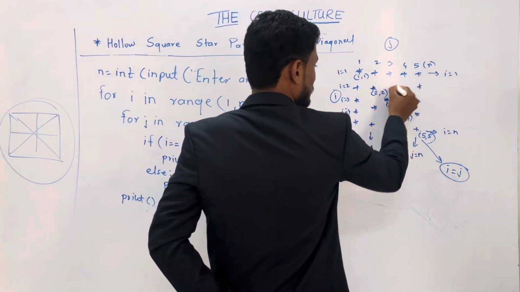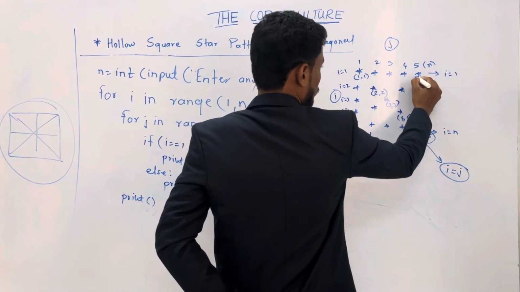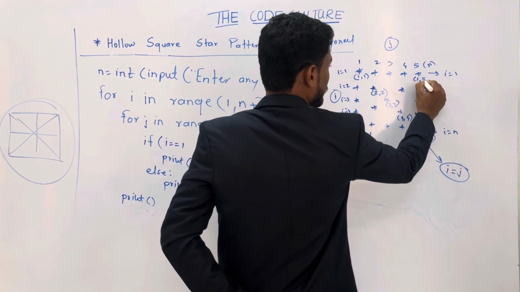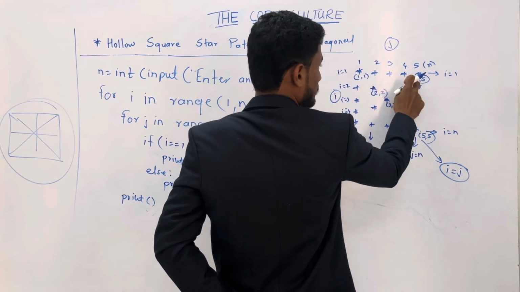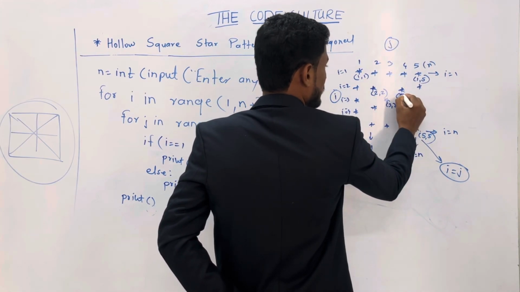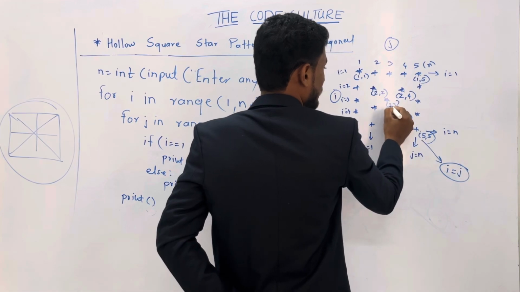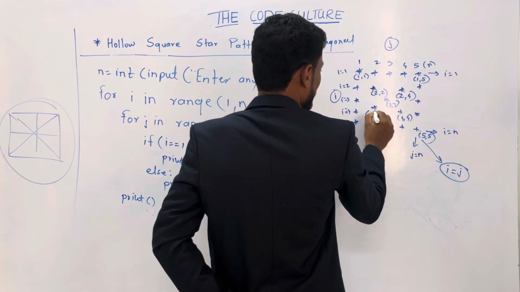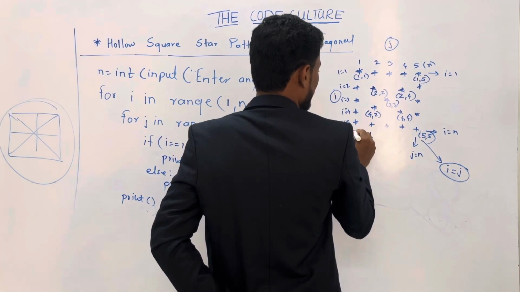Next equation is for this diagonal. Tell me the coordinates for this star: the i value is 1 and the j value is 5, so 1 comma 5. Next star, i value 2, j value 4. For this star, i value 3, j value 3, which is already in the previous diagonal. Next, i value 4, j value 2, and here 5 comma 1.